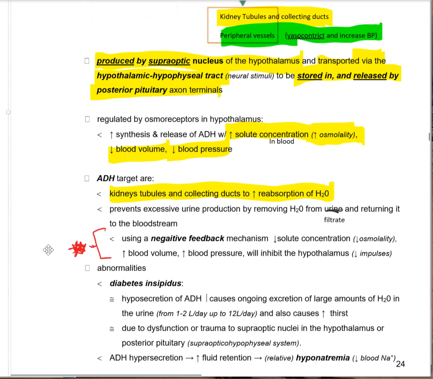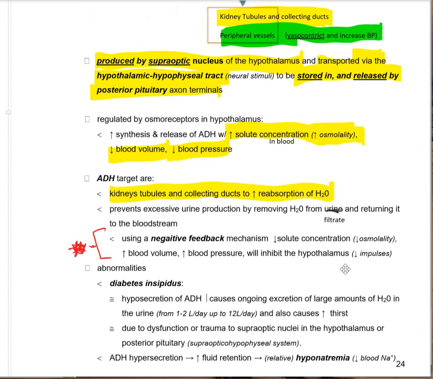So this uses a negative feedback system, sorry for the typo, and so it's actually the opposite of these three things here. So if we now have lots of water, high blood volume, and low solute concentration, and our blood pressure is going up because we have high blood volume, then we can inhibit the hypothalamus and lower the neural impulses to the hypothalamus and then stop things.